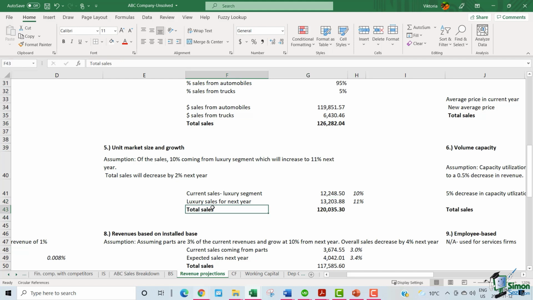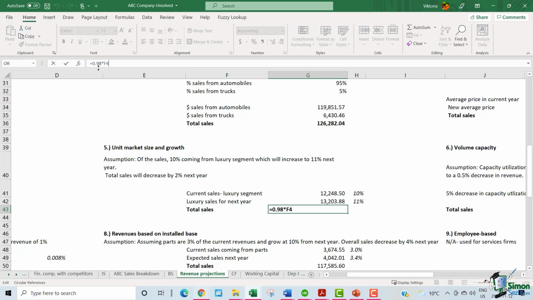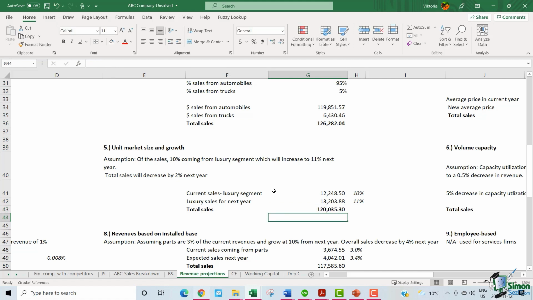We already determined that the total sales will decrease by 2% next year. So this figure is simply 98% of the current sales. This approach is useful to determine the sales per segment. So even though the luxury sales have increased from 10% to 11% next year, the total sales have gone down.